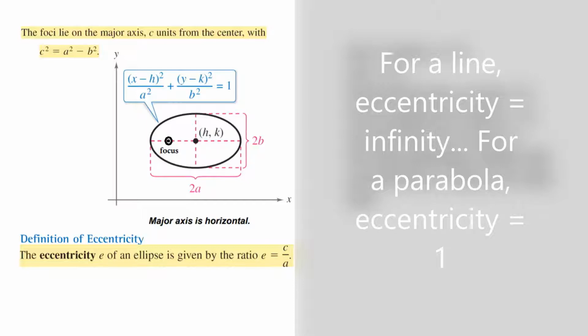For a circle, 2A is equal to 2B. So in this case, for a circle, A is equal to B. And because the foci lie on the major axis, when A is equal to B, C is equal to 0. And the eccentricity is defined as C divided by A. So if C is equal to 0, the eccentricity is equal to 0.